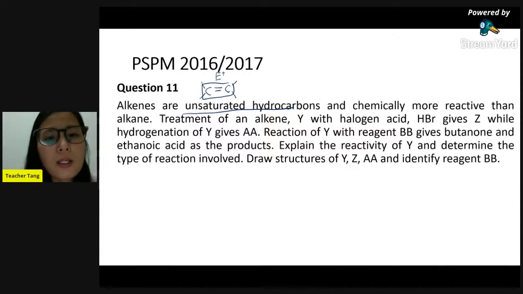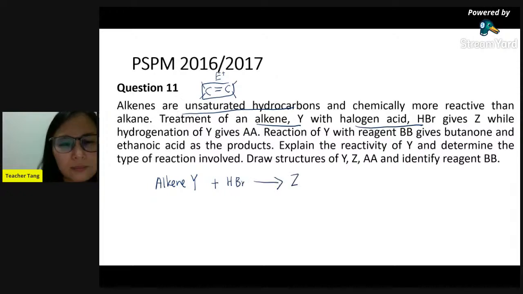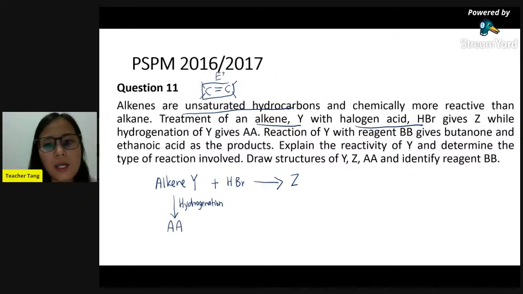So the treatment of alkene Y with, okay, the question has started. Let's write alkene Y first. React with HBr to give Z. And then hydrogenation of Y gives AA.